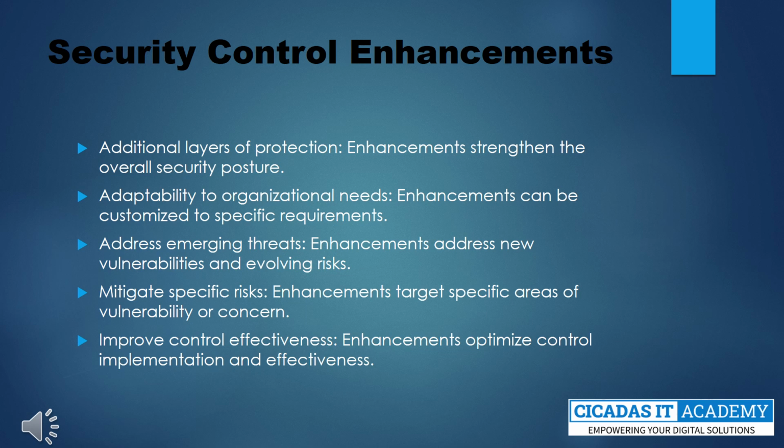This may involve implementing advanced authentication mechanisms, adopting encryption protocols, leveraging artificial intelligence and machine learning for anomaly detection, or integrating threat intelligence feeds. By continuously enhancing security controls, organizations can stay resilient against evolving cyber threats and ensure their security posture remains robust and effective.